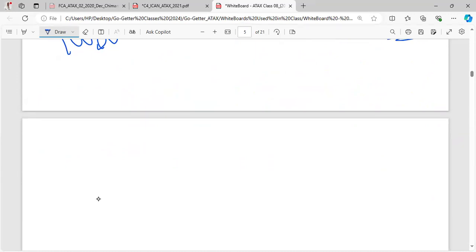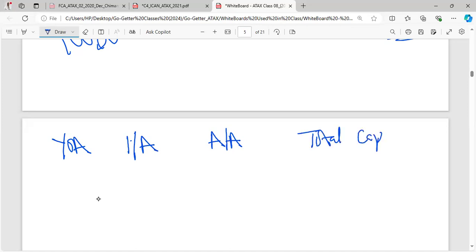You will now say year of assessment, initial allowance, annual allowance, total capital allowance. This is what they are asking you to do.